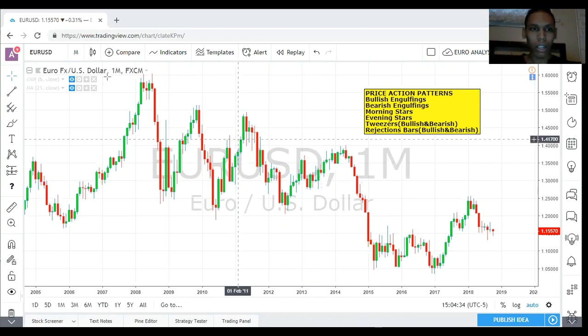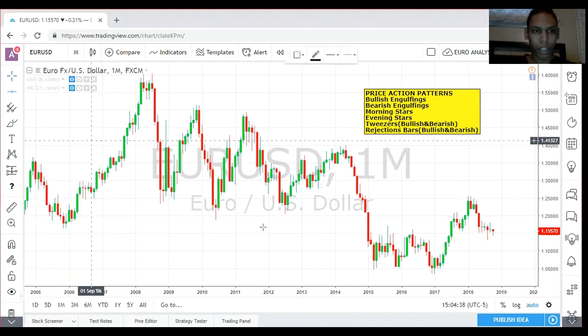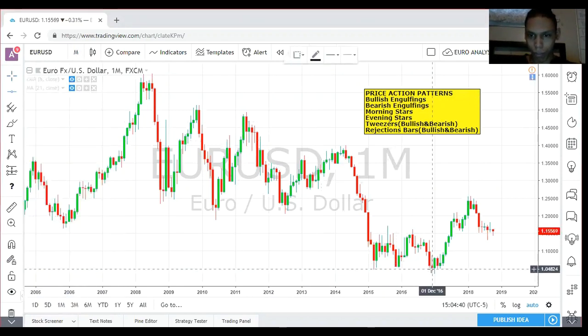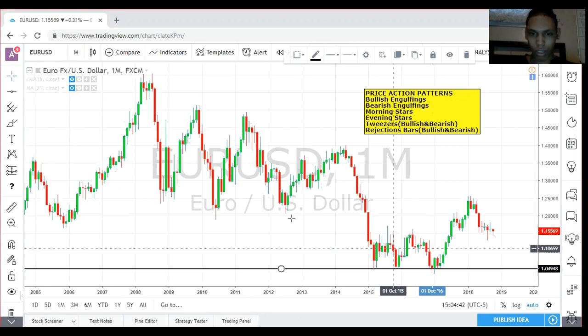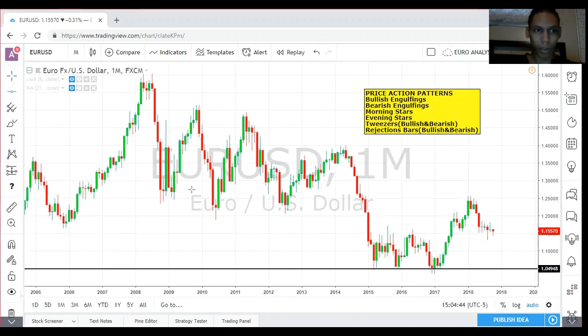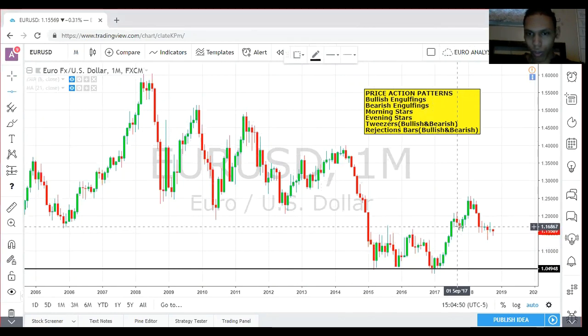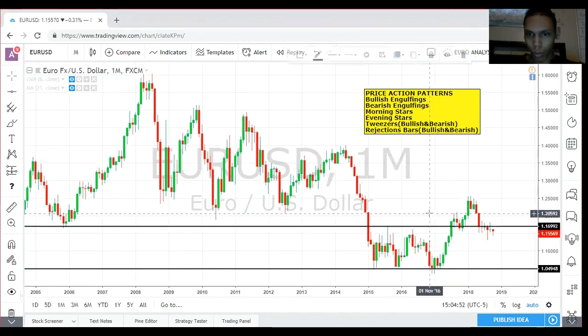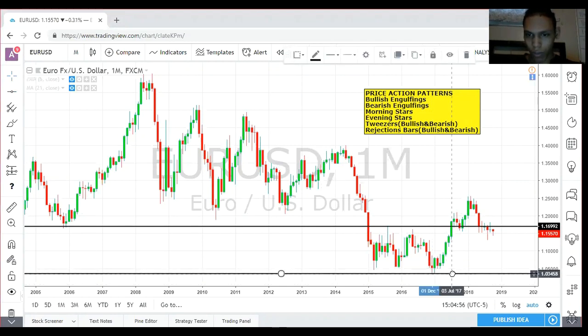So we're gonna start off on a monthly chart. I'm gonna mark off some support and resistance, and we're gonna go over monthly wicks, basically fair price.